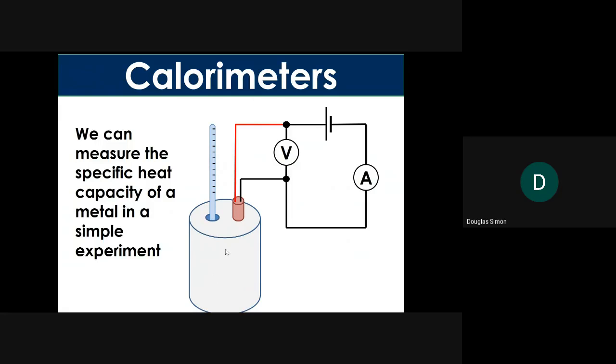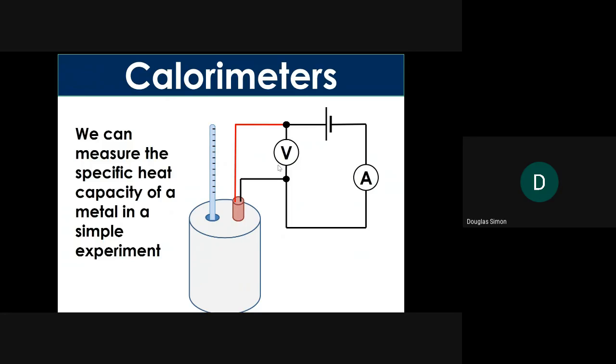You have some object, metal, it could equally be water in a container, and you measure its temperature change as you heat it up. So this here is a heater, and it's connected to a circuit with a voltmeter and an ammeter in. Obviously, we can work out the electrical energy by current times voltage times the time it's on.